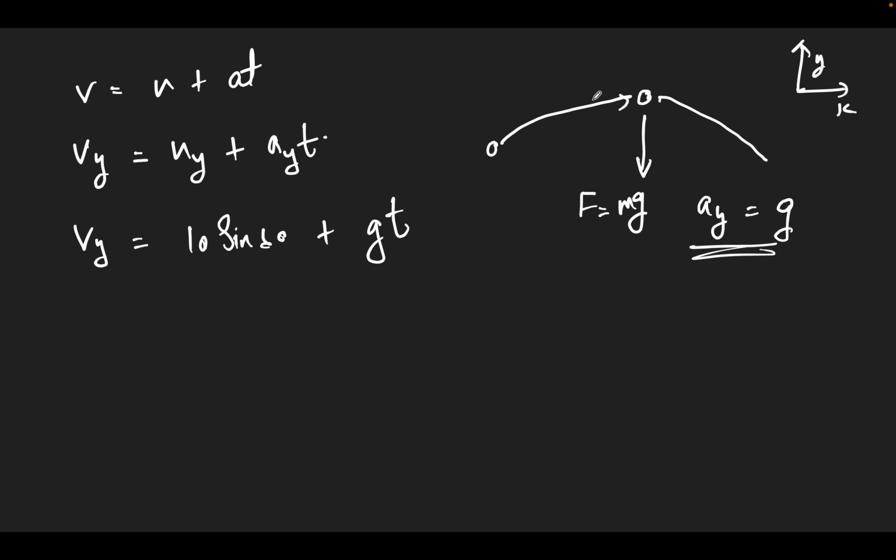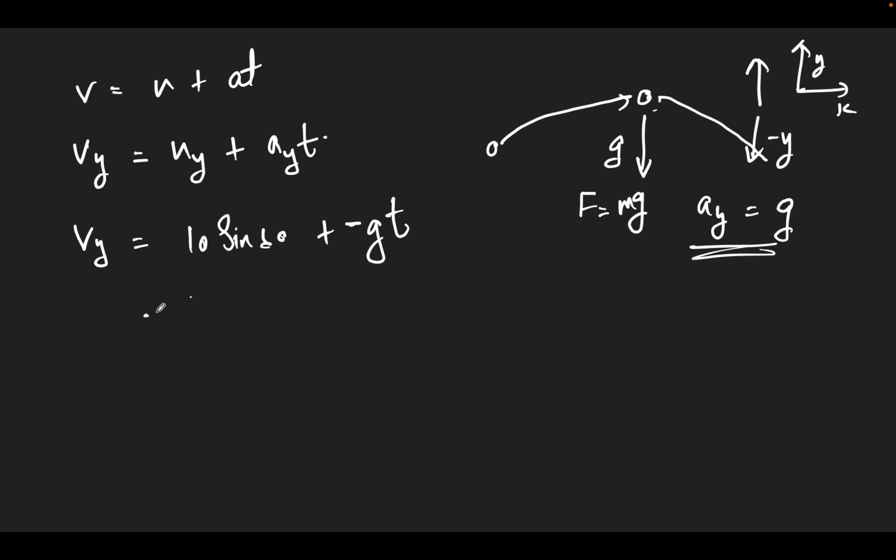But there is one thing. Positive y is this direction, negative y is this direction. So here our g is acting in the negative y direction. So this must be plus minus gt.